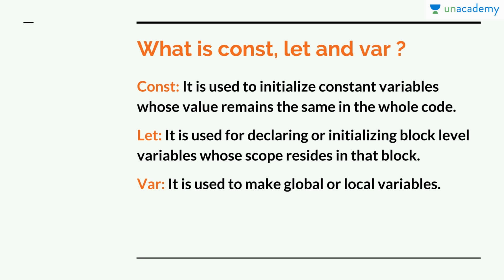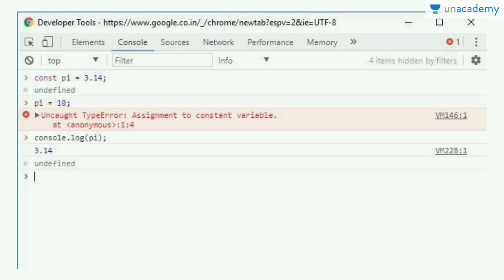Next comes the var. It is used to make global or local variables, as we all know about the var keyword. Let's have a look at the example. Now I have a constant pi. I will declare that variable with the const keyword: const, space, and then the name of the variable is pi, and I have set this value to 3.14.